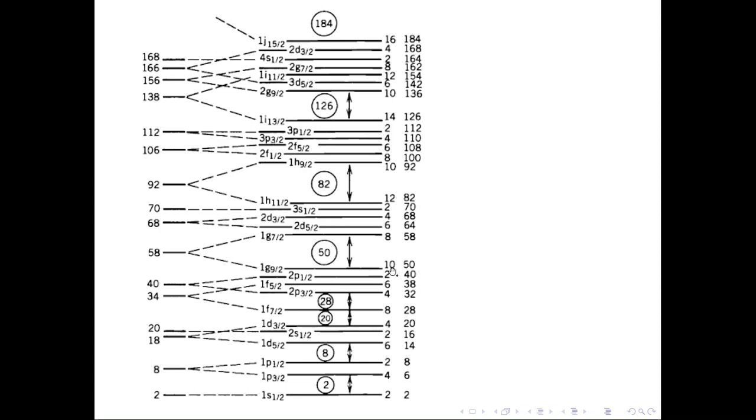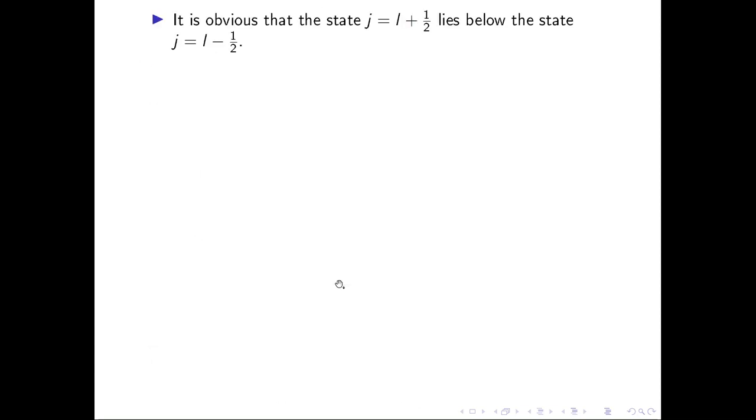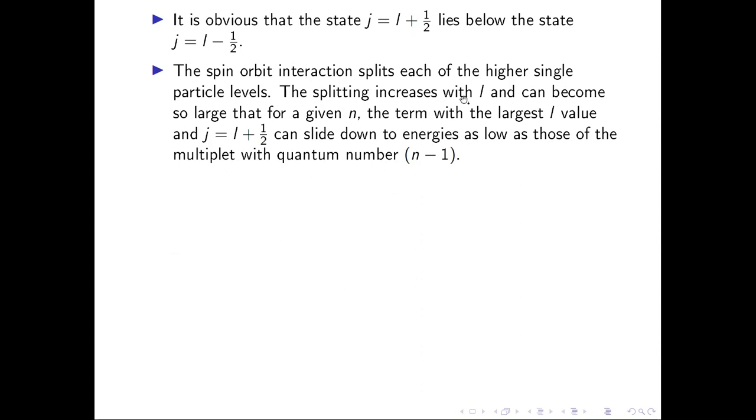So there is a restructuring of the energy levels of the nucleons in the nucleus. This defines a new level, a new closure of the level, and this other level goes up and is with this group. So that is what is meant here: the splitting increases with L and can become so large that for a given n, the term with the largest L value and J equal to L plus half can slide down to energies as low as those of the multiplet with quantum number n minus 1.